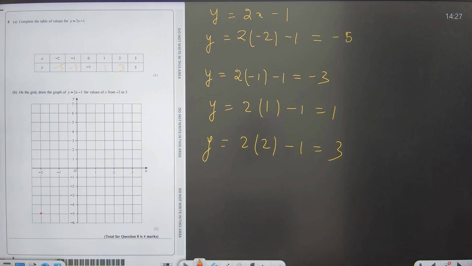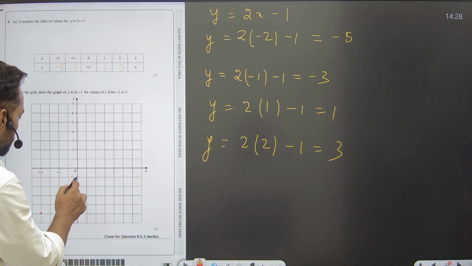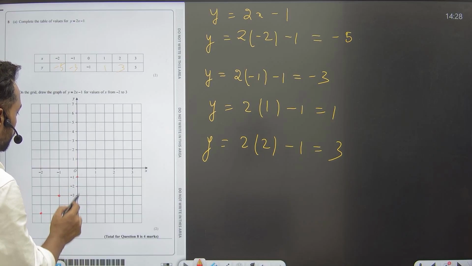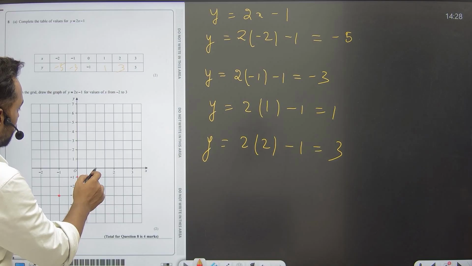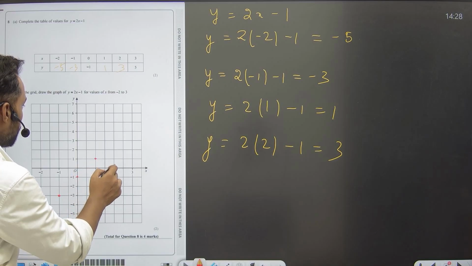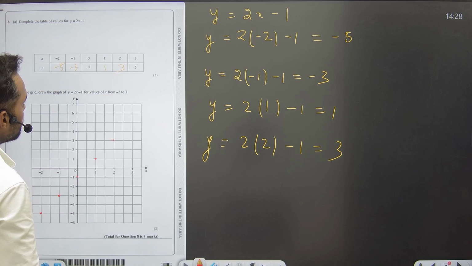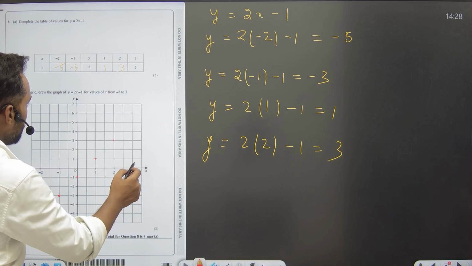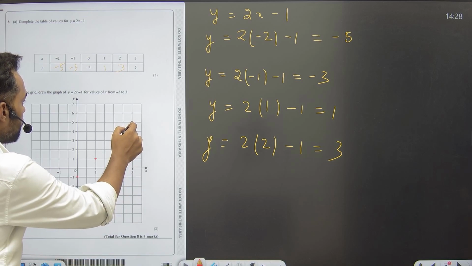Minus 1, minus 3, it will be here. 0 comma minus 1, it will be here. We need to plot it. 1 comma 1 will be here. 2 comma 3, this is the part. 3 comma 5, this is the part.